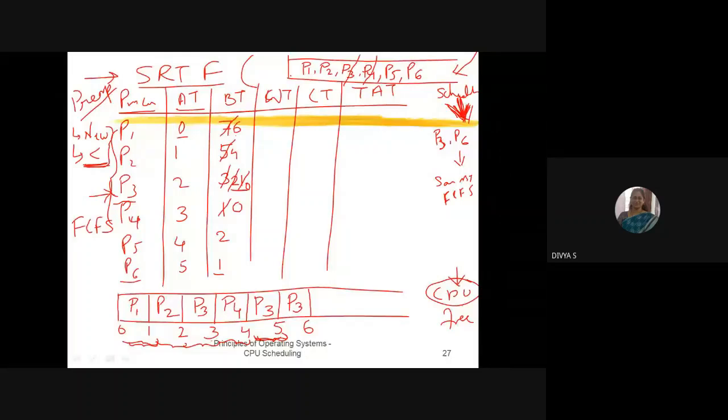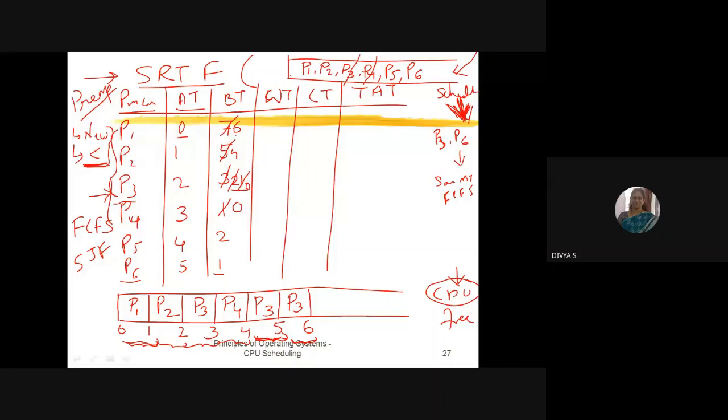Now by this instance of time, even if you look back at the table, you will easily make out that no new processes have arrived in this time. Clear? If no new processes arrive, just apply the shortest job first procedure and allocate process by process to the CPU for successful execution. The remaining processes are P1, P2, P5 and P6.